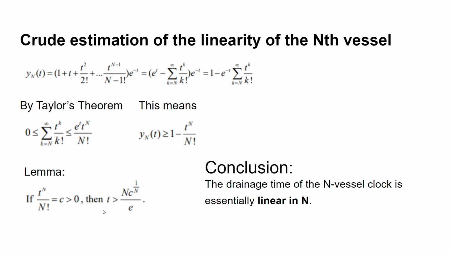The lemma tells us we can just substitute c with 0.1 and obtain the t when yₙ(t) is equal to 0.9. This crude estimate tells us that our model has at least a basic feature that we expect from our water clock. That is, the drainage time of the n-vessel clock is essentially linear in n.